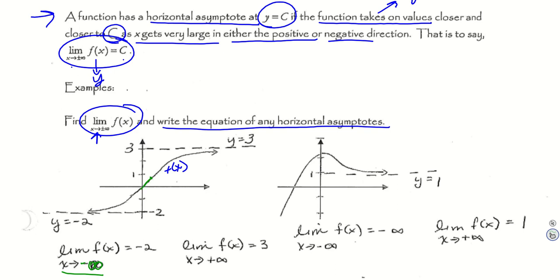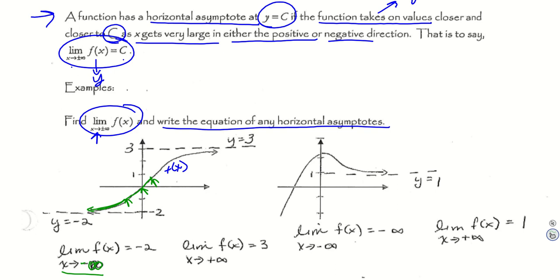As I go to the left and follow it, I want to think about what is happening to the y coordinates of my points. Here I have a y coordinate that looks like it's a little less than 1. Here my y coordinate is about 0. Here my y coordinate is about negative 1.